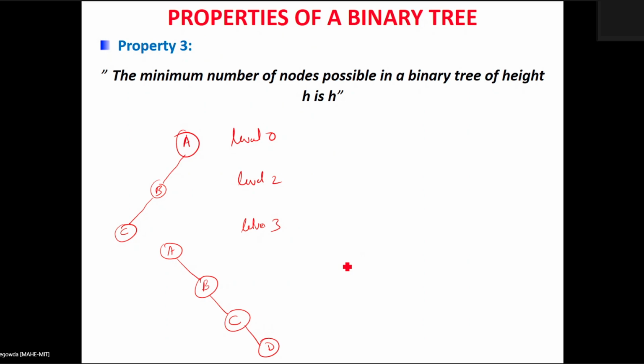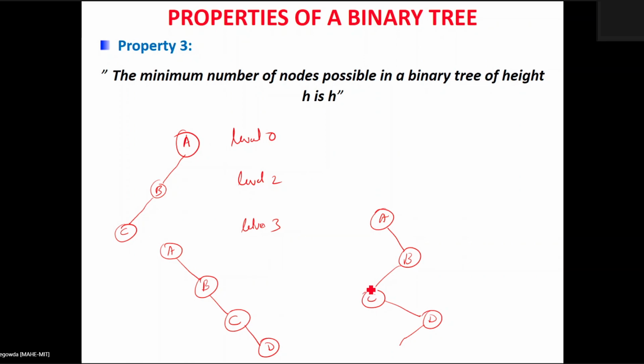Another way: say A has a right child, B. B has another child, C, which is a left child, and C can have only one child, a right child. This can also grow like this. We cannot say whether it is right skewed or left skewed here, but it satisfies our requirement.